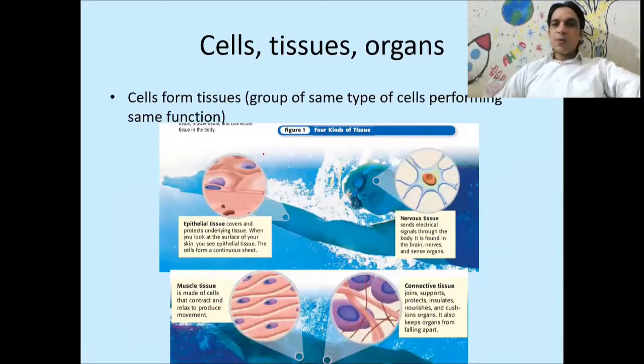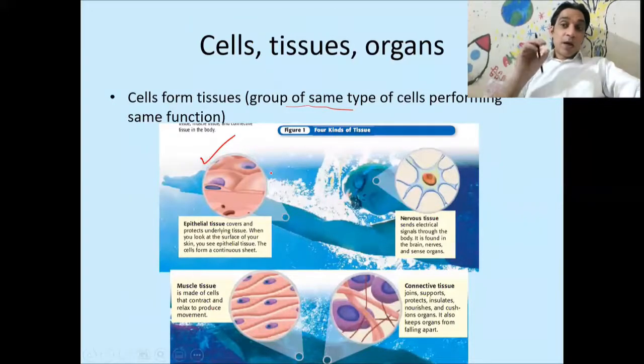This figure explains how the same type of cells make different types of tissues. This is the epithelial tissue. They are made up of similar sorts of cells, and epithelial cells are required to be packed very tightly because they need to create a protective layer.